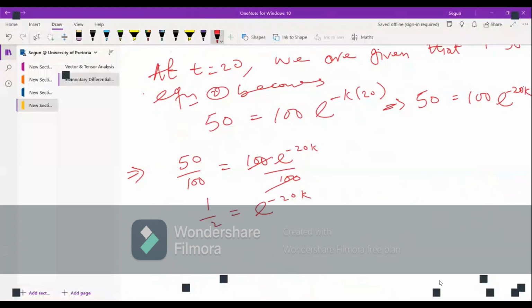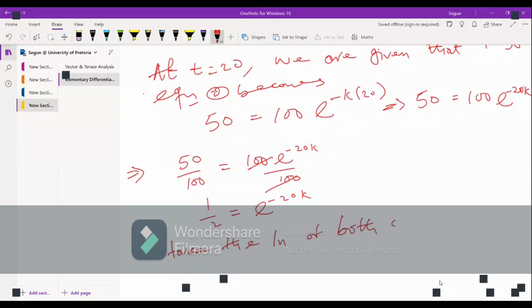Don't forget we need k. The only thing we need to do is to take the ln of both sides.